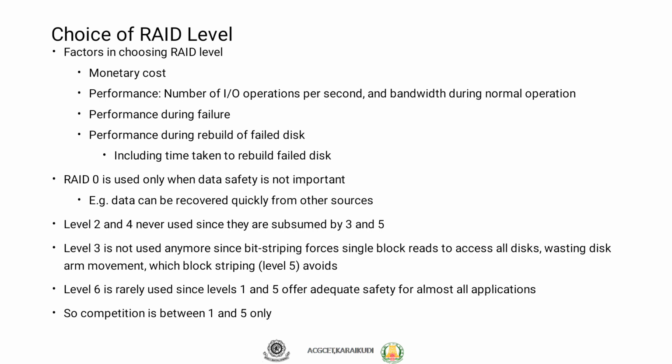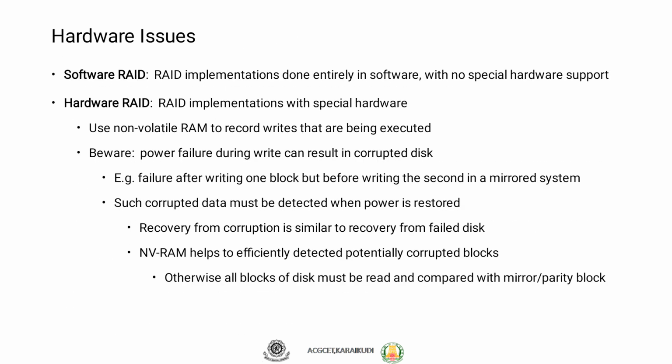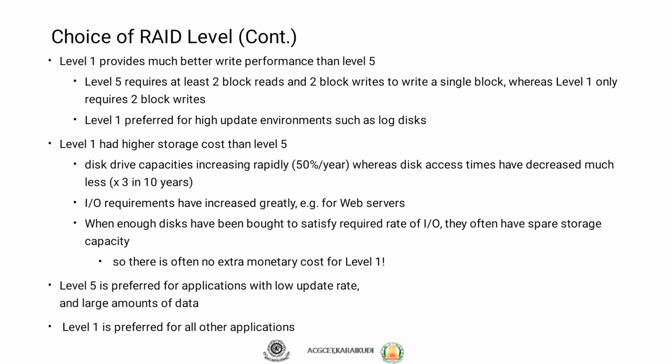So level 6 is rarely used since level 1 and 5 offer adequate safety for almost all applications. So level 5 is preferred for applications with low update rate and large amount of data. Level 1 is preferred for all other applications.